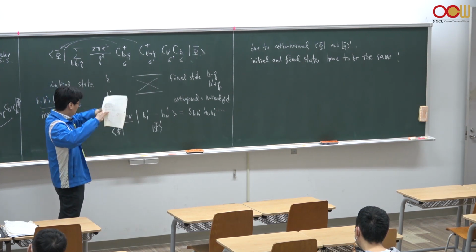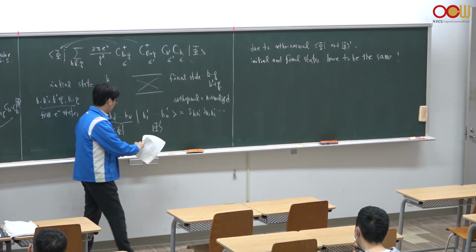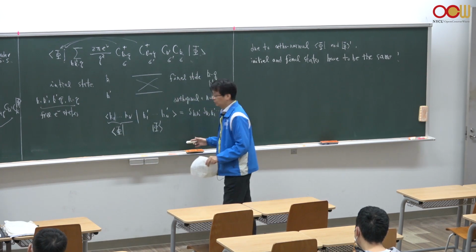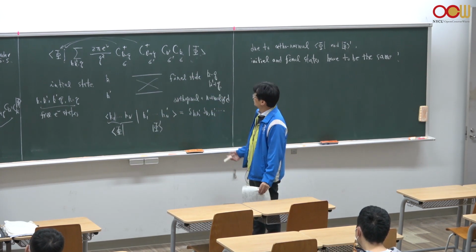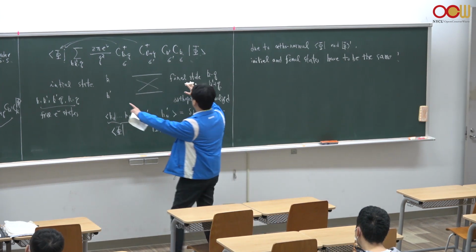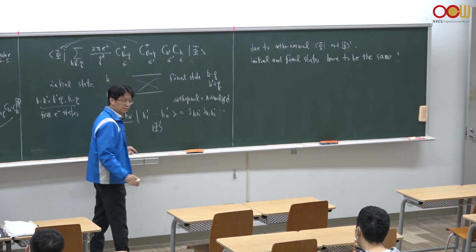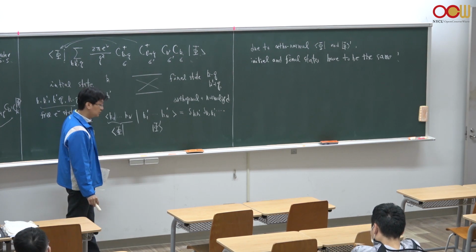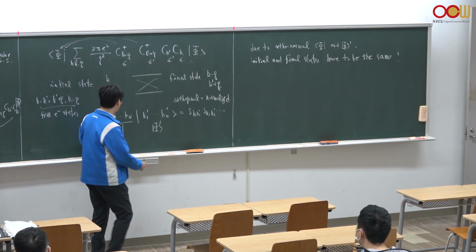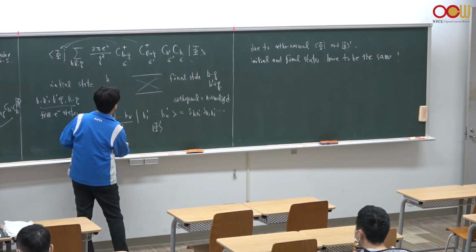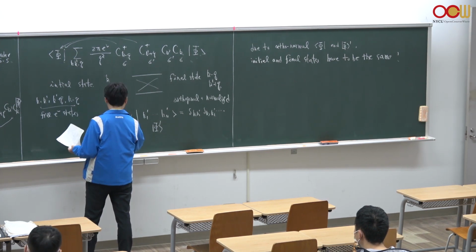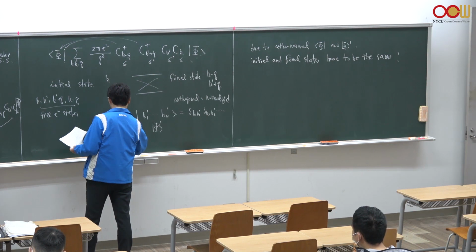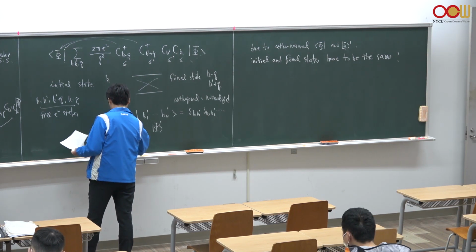Then you simply make this inner product between these 2 many-body states, and unless the initial and final states are exactly the same, you get 0. I understand this because this phi bra state is actually a function of what? k minus q and k prime plus q.